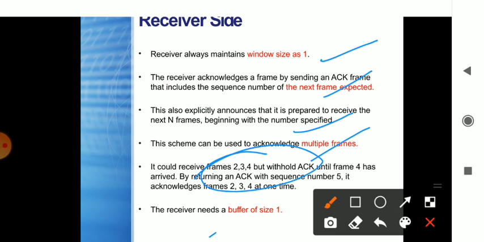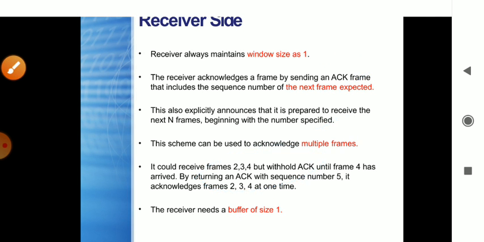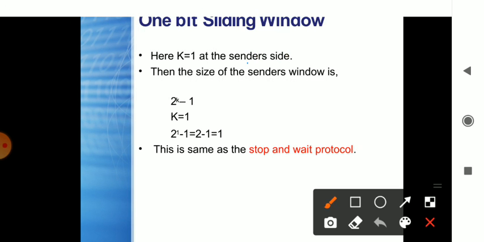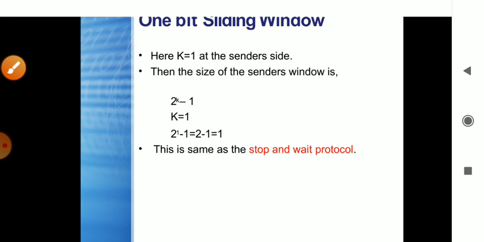And as I said, the buffer size is 1. So a 1 bit sliding window is nothing but when k is only 1 bit being transferred, the sender window is 2 to the power 1 minus 1, which is nothing but only 1 at a time. It can be called a stop and wait protocol, where it sends the information one by one: sends, receives, sends, receives. So it's a 1 bit sliding window protocol.